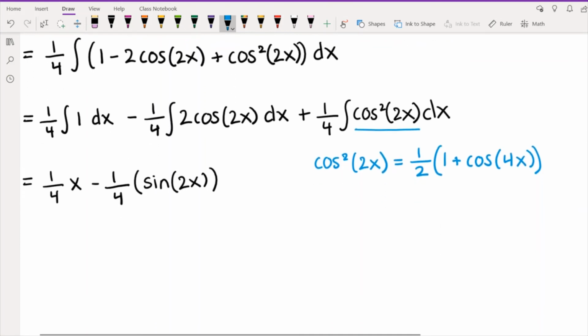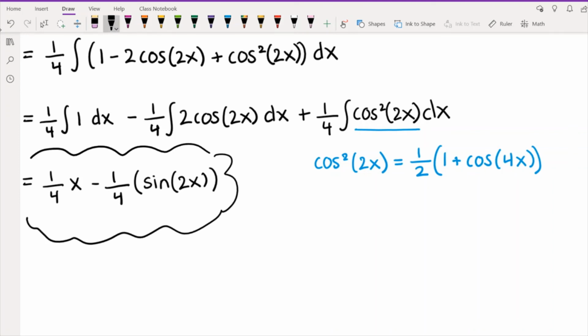And so now we're going to have plus, so maybe let's kind of set this part aside and we'll add it back in when we're done, just because otherwise this is going to get to be a very long string of algebra. So let's focus on this part and then we'll put them back together at the end.